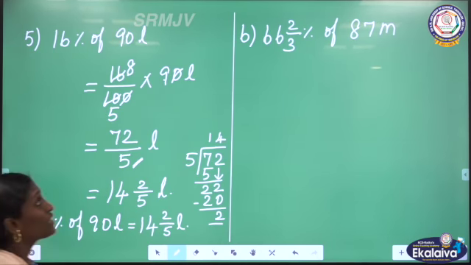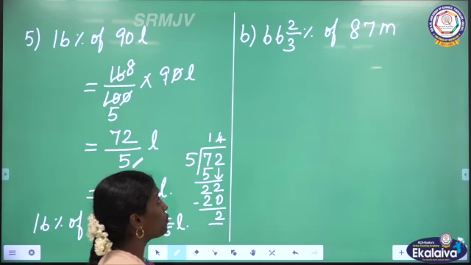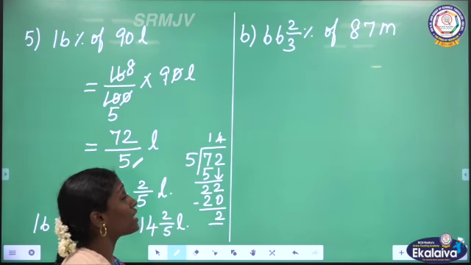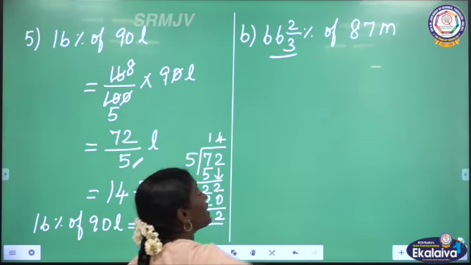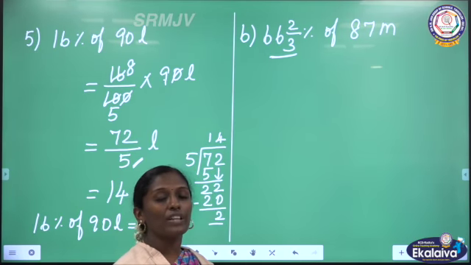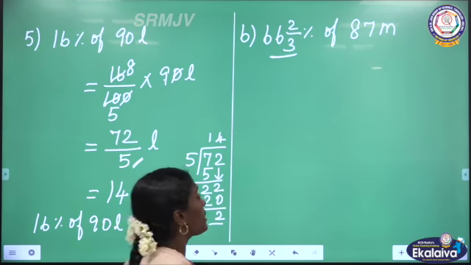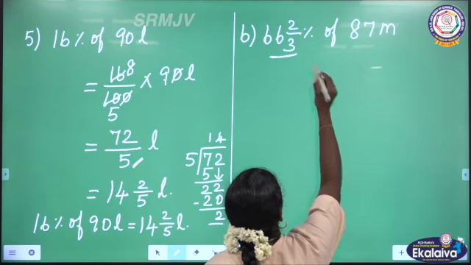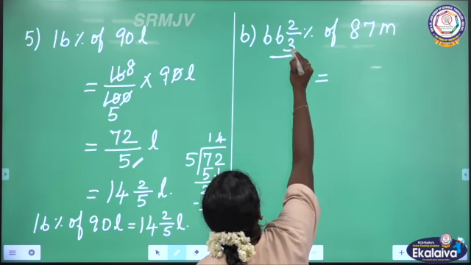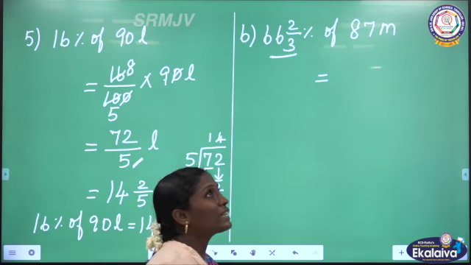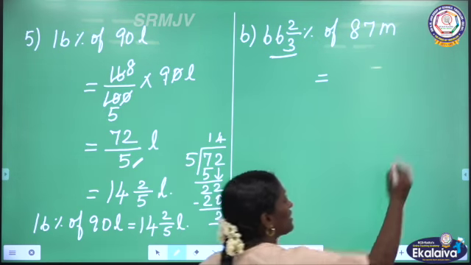Is it clear? The next one, 66 2 by 3 percentage of 87 meter. Here 66 2 by 3 percentage. It's a mixed number. We have to convert it into improper fraction. For that we have to multiply the denominator and the whole number part. 66 into 3. Then we will get 198.